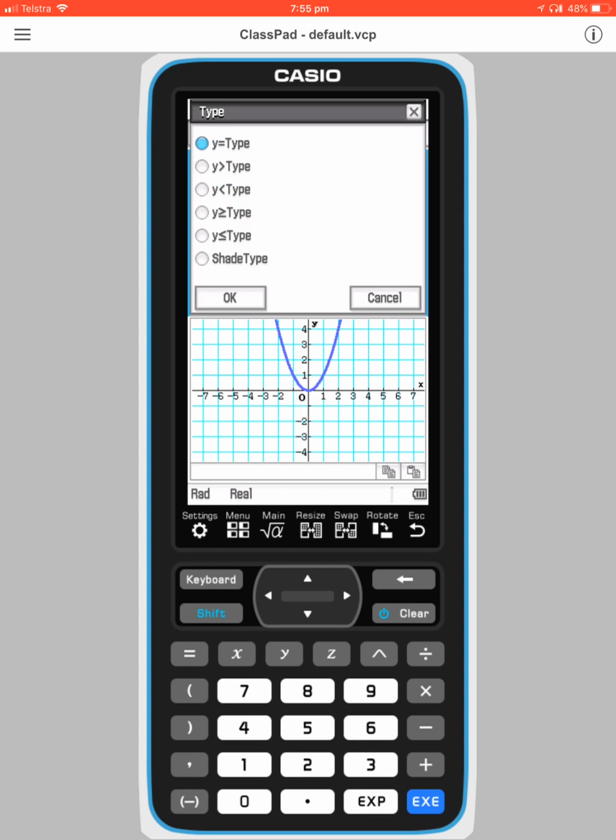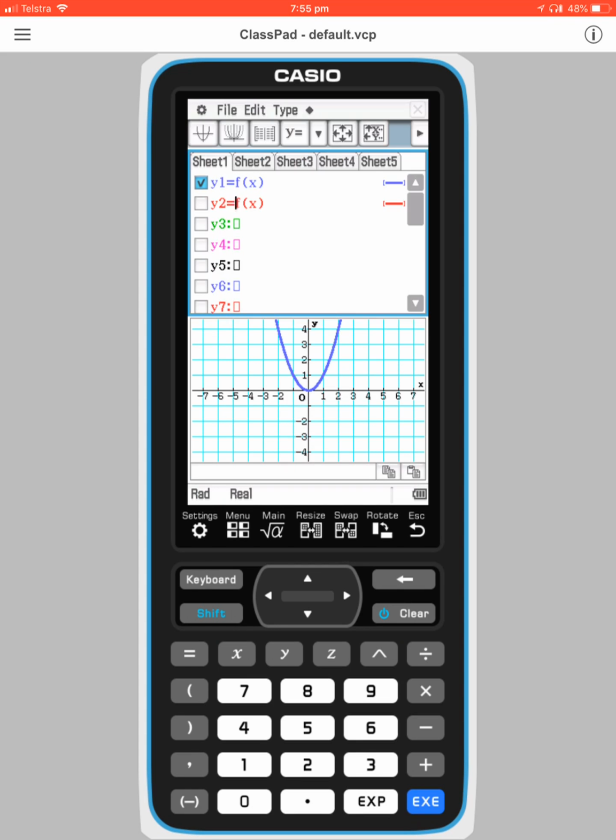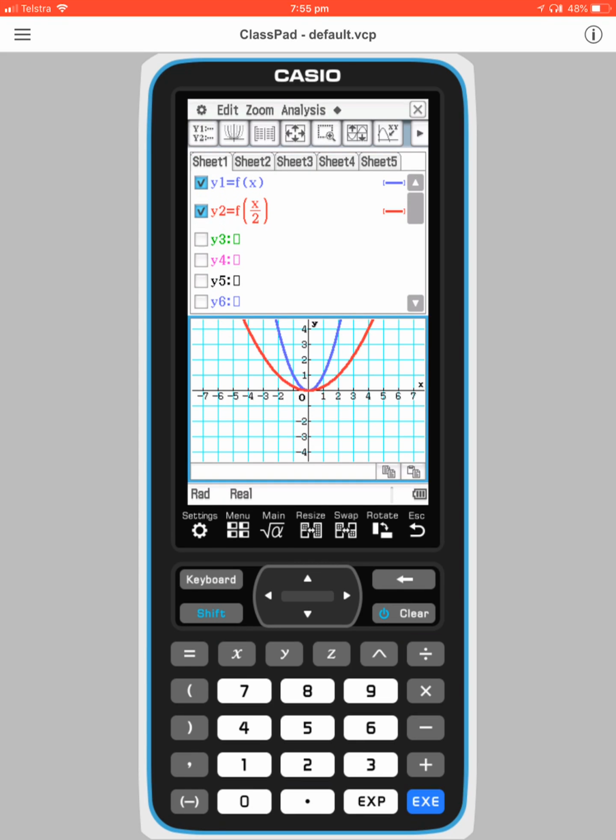Then if I say f of x on 2 and we sketch it, you can see our original x value there is 1, 1, but when I have x on 2, that's actually doubling all of the x values, because when you dilate from the y-axis, it's the reciprocal, 1 on. So here, this is a dilation factor 2 from the y-axis, because it's going from 1 out to 2.